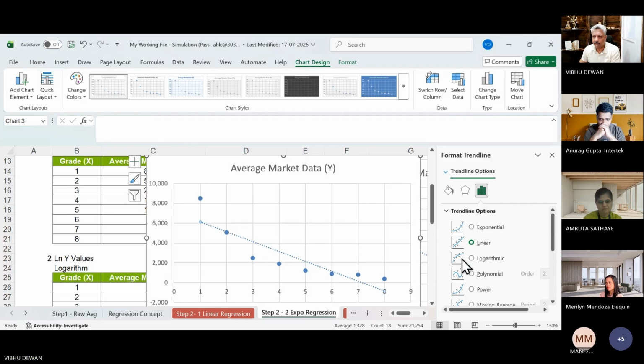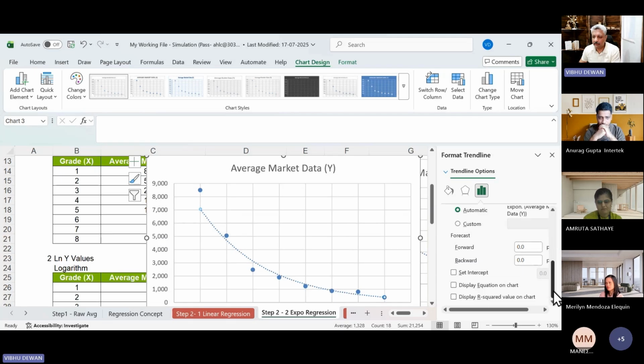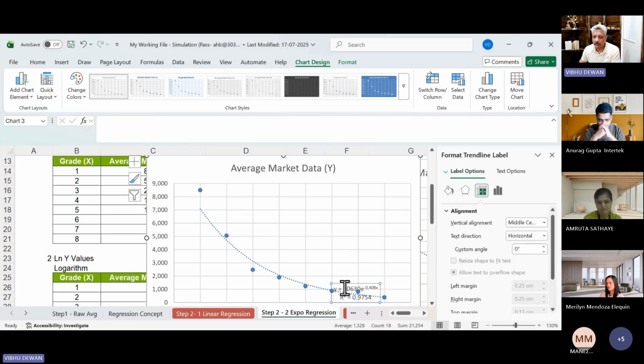Exponential. Then display the R-square value. This is how you create it, and this is where you will get the values.